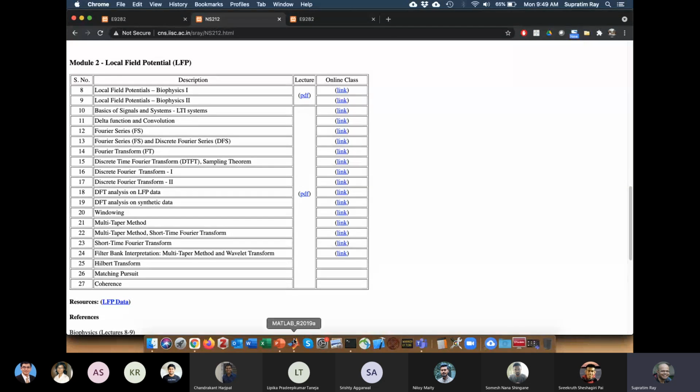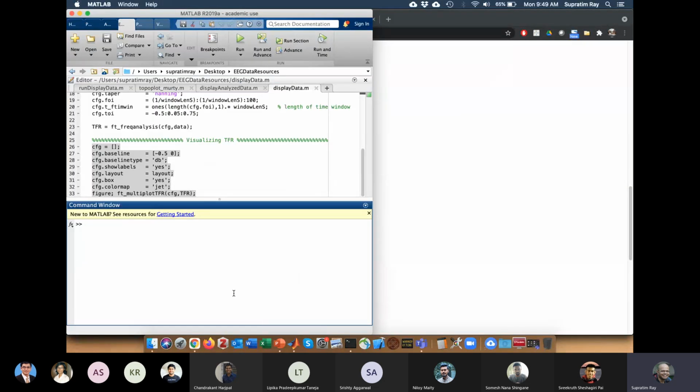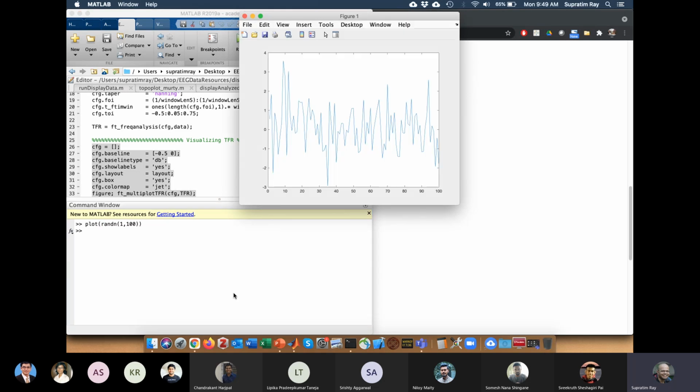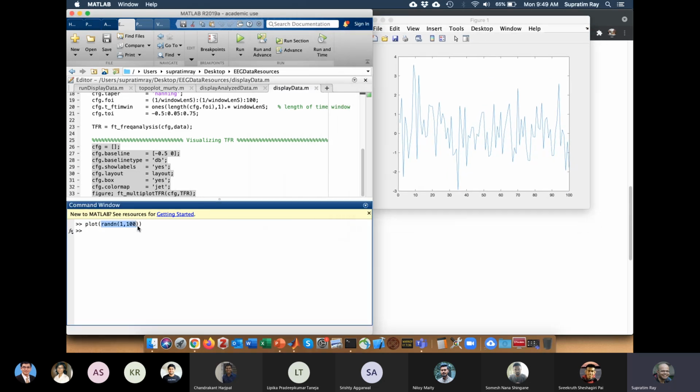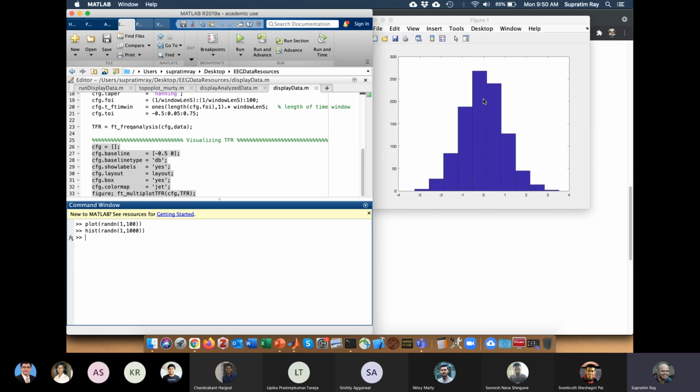So just to give you an example, when I'm running, let's say, plot rand n 1 comma 100, it generates 100 random samples that follow a normal distribution, Gaussian distribution. If I did a hist here, say I did 1000 here, hist. It's a normal distribution with mean of 0 and 1. Now I am very comfortable doing this, and it's just a command for me.